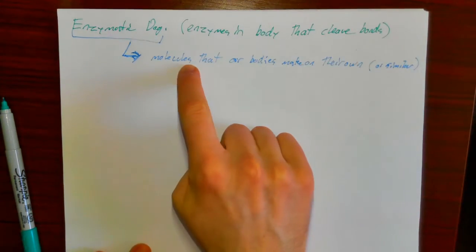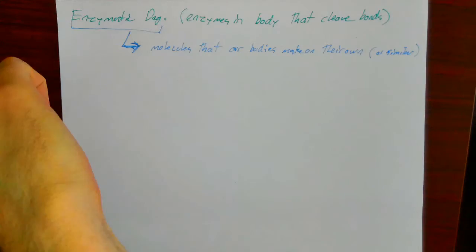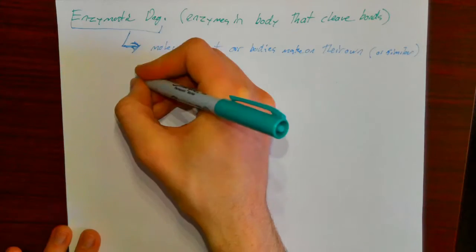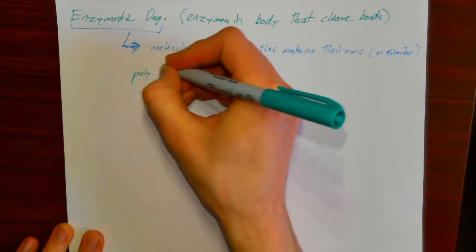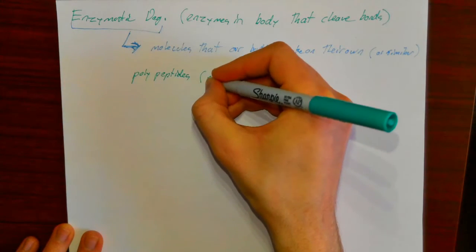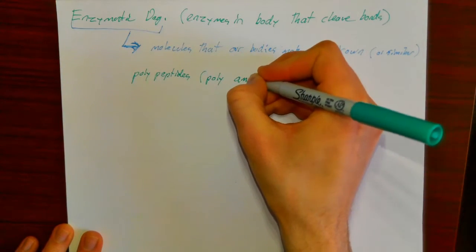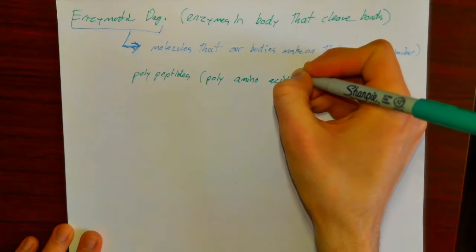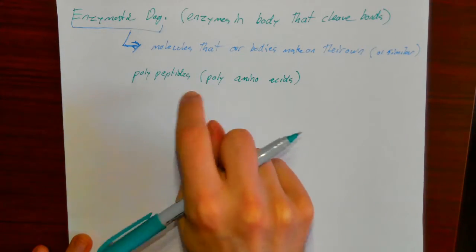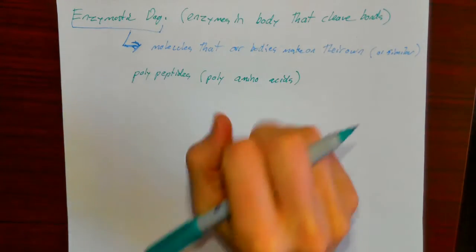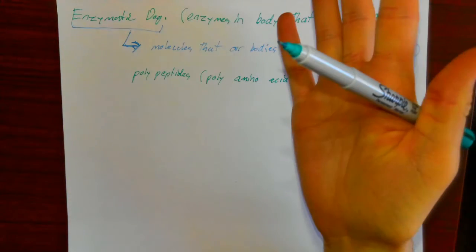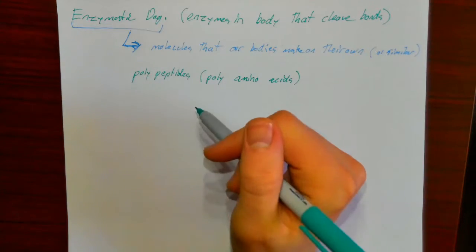So what do I mean by that? Well, our bodies make polyamino acids, so polypeptides. Right? I eat some food. That food has some protein in it. My body wants to break down that protein into amino acids, so then I can synthesize my own proteins that make up my skin and muscles and everything else.